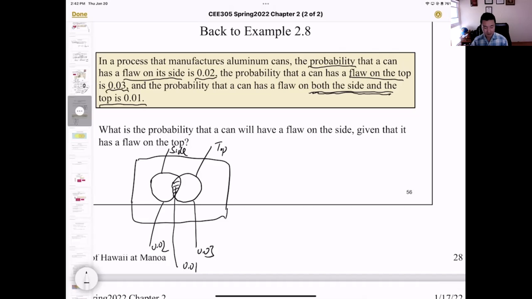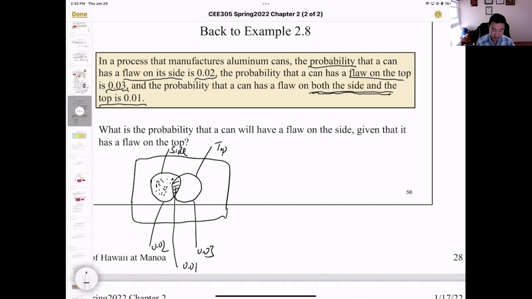Okay. The diagram is not drawn proportionally, but we can simply calculate the probability of other areas, such as the probability the can has a flaw on the side but not on the top. On the side but not on the top will be here, inside the circle of side but outside the top.